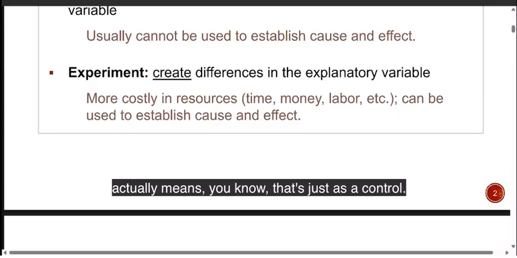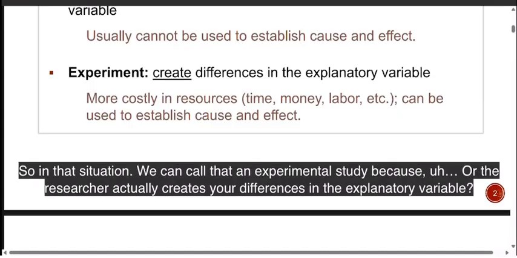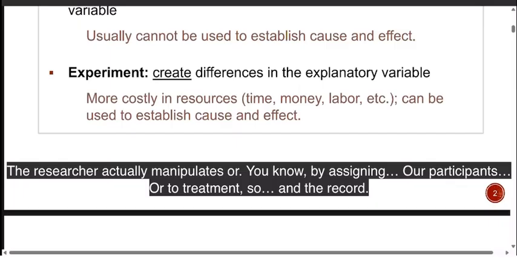The placebo is used as a control. In that situation, we can call that an experimental study because the researcher creates differences in the explanatory variable. The researcher manipulates it by assigning participants to treatment.